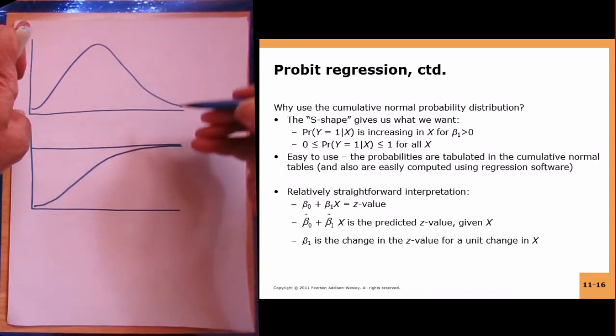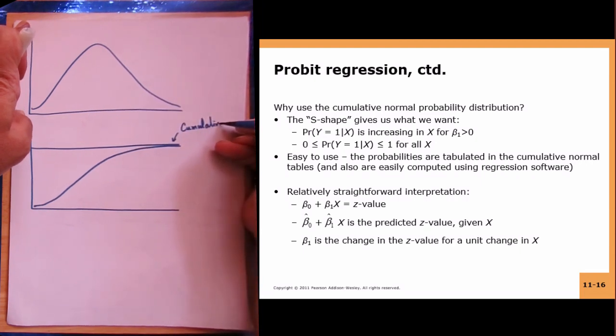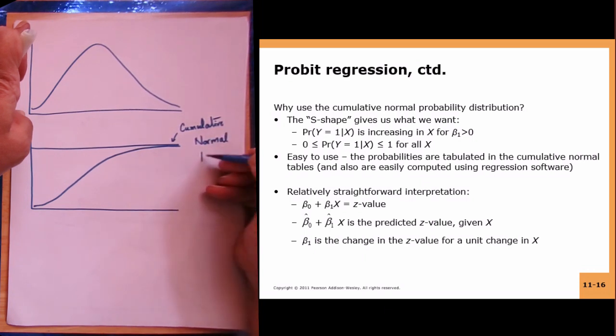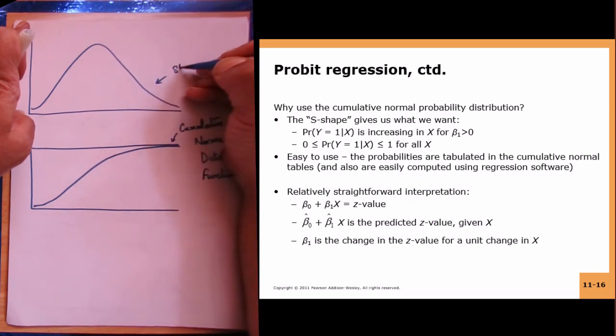It may not be exactly right, but this is what the cumulative normal distribution function will look like.